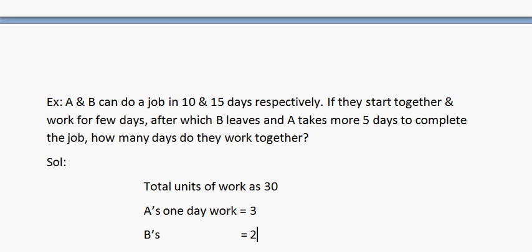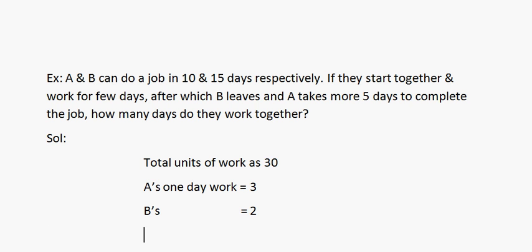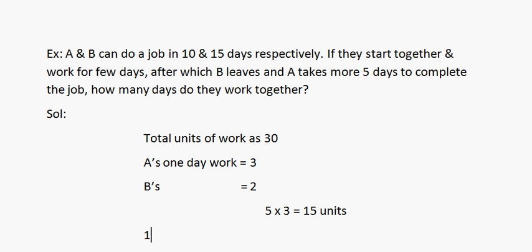Now for some time A and B work together, and then B left and A had to put in 5 more days to complete the work. So A alone does 5 into 3, which is equal to 15 units. What is left is 30 minus 15, which is 15 units. So both A and B work together to complete these 15 units.